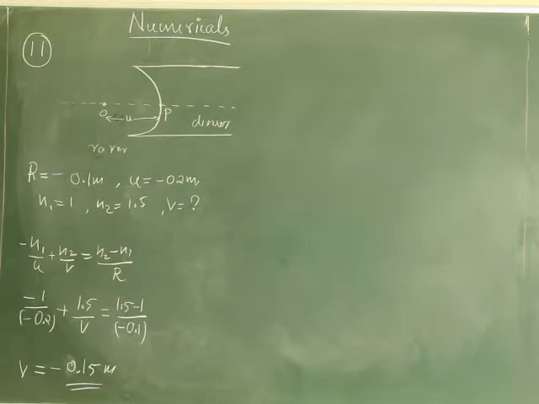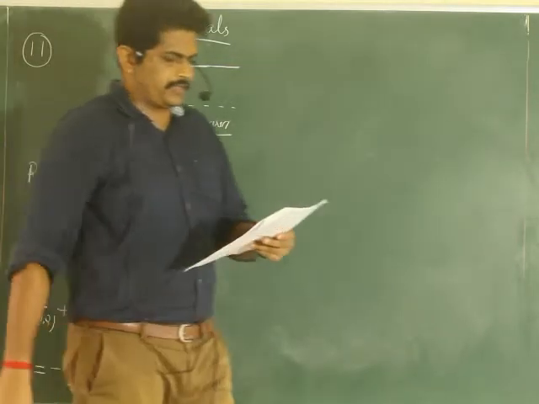Okay, that means the object is at 0.2 meter, and the image is actually at a distance of 0.15 meter. So a slight variation is there on the axis. That is it. Hope you understood. We just want to find out the position, and minus 0.15 meter we got. Yes, just check the calculation. Okay, do the calculation.